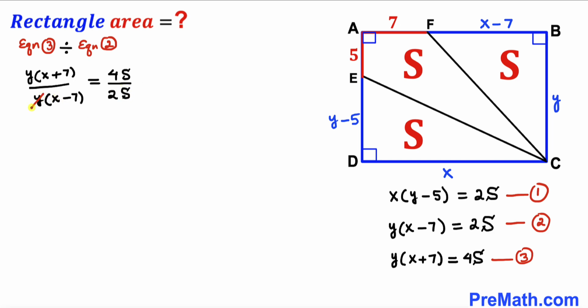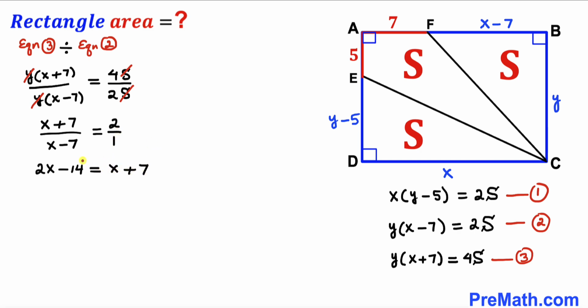Now we can see this y and y are gone. Likewise this s cancels out with this s, and now we are going to cross multiply. Therefore that gives us 2x - 14 equal to x + 7.